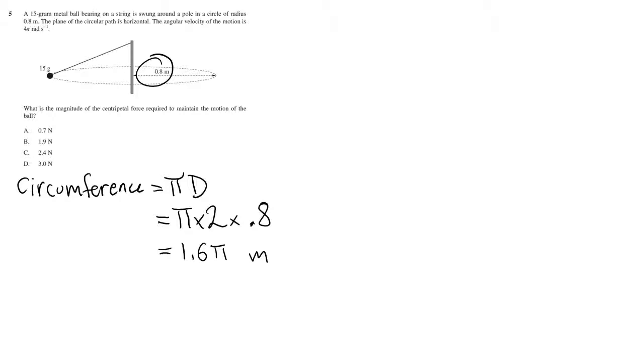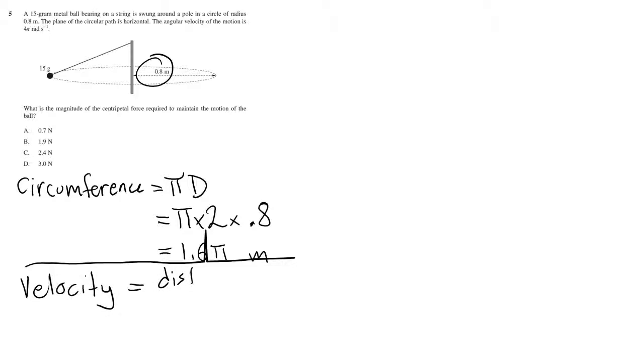Next thing we're going to need to work out is velocity. So we've got our circumference. Our velocity is going to mean that we need our distance over time. So velocity equals distance over time. I think my pen battery is running low. I think that's what those weird spikes are about.